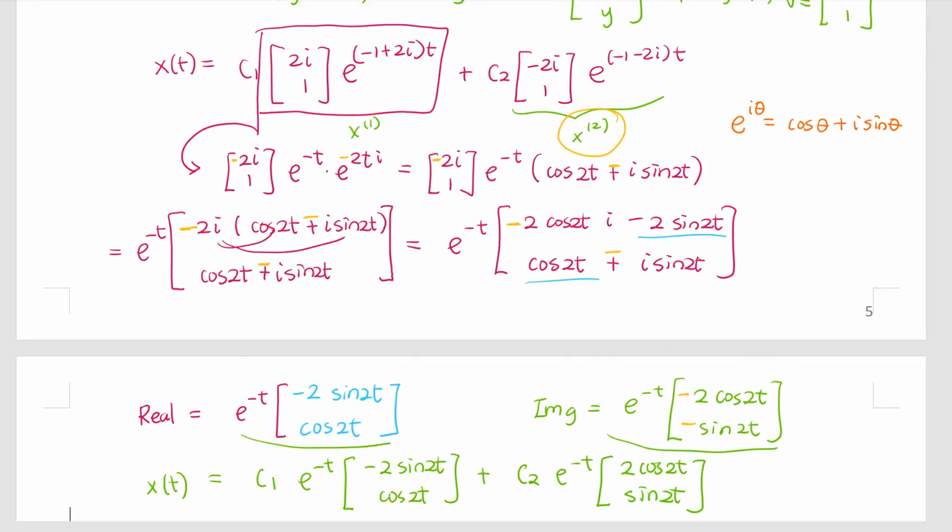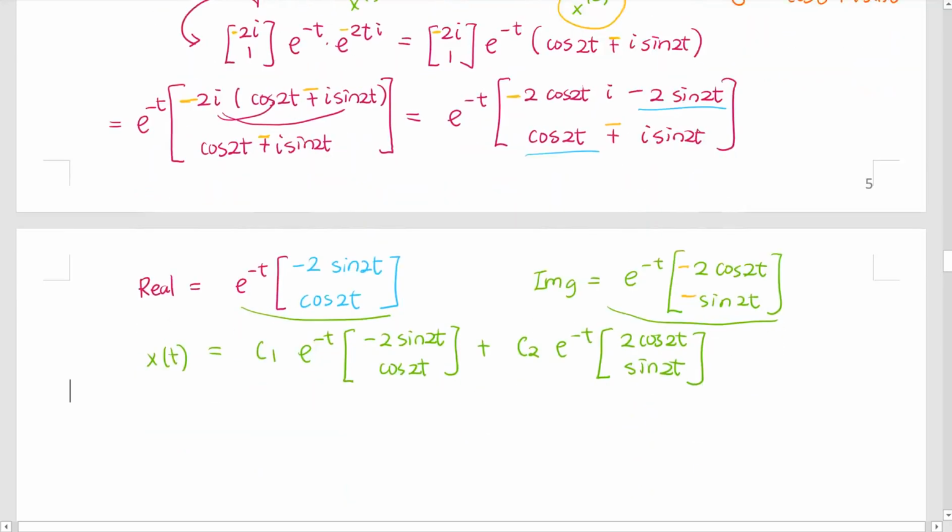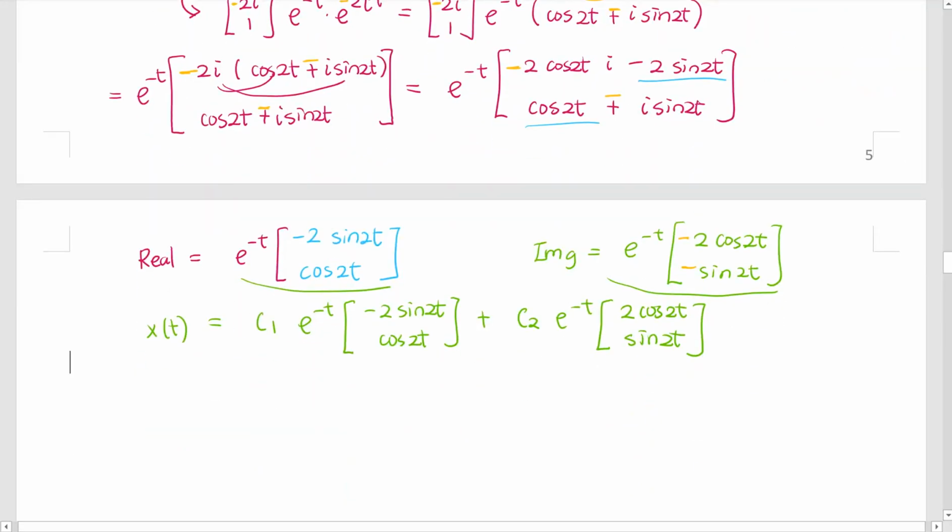So our final solution can be written as a linear combination of those two new real solutions. See? Cosine and sine are real-valued functions. We don't see i in our solution anymore.